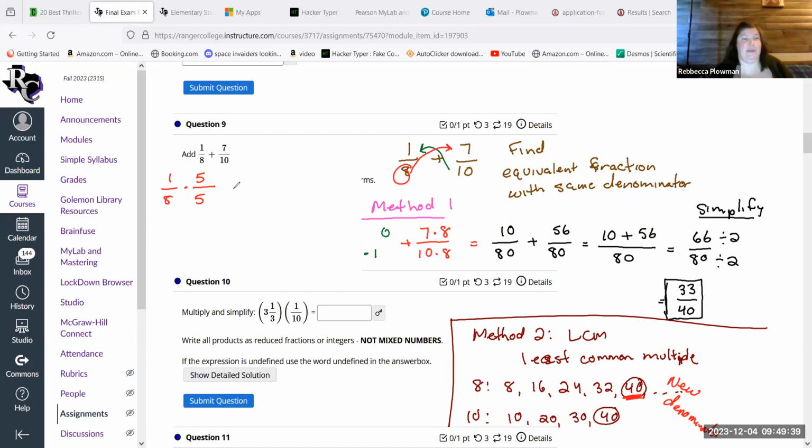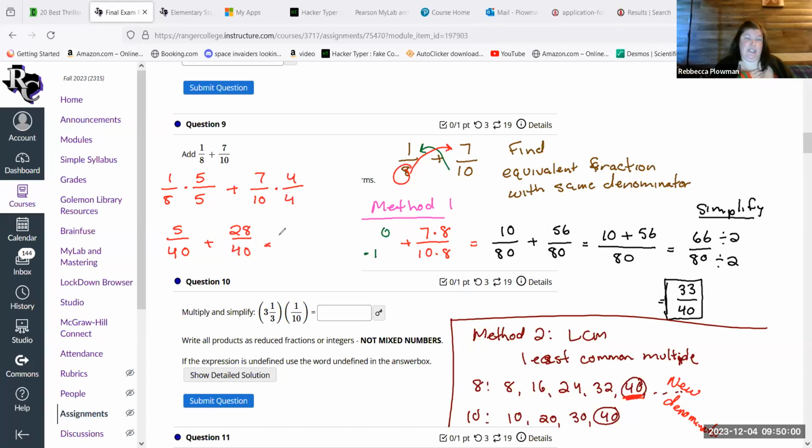So I have to multiply the top by 5. And then the same thing here. What do I have to multiply 10 by to end up with 40? Well, I'd have to multiply by 4. So I have to do the same thing to the top. So I end up with 5 over 40 plus 28 over 40.